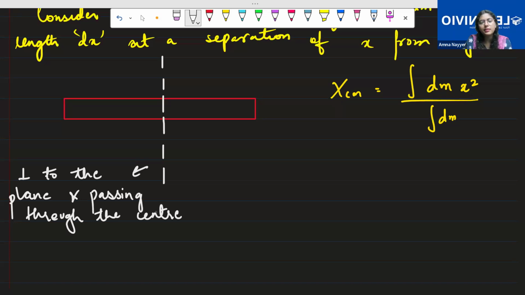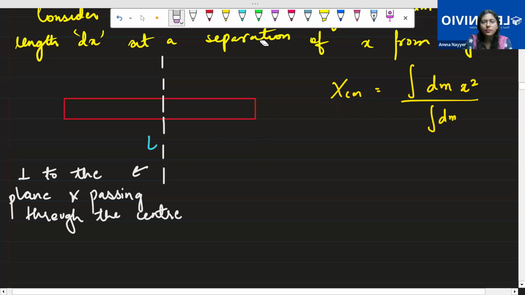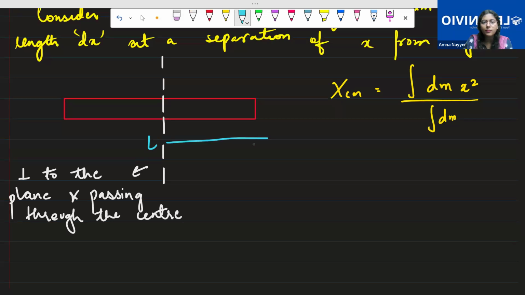Perpendicular to the plane and passing through the center. Now the complete length of the rod is L. This is the complete length of the rod.